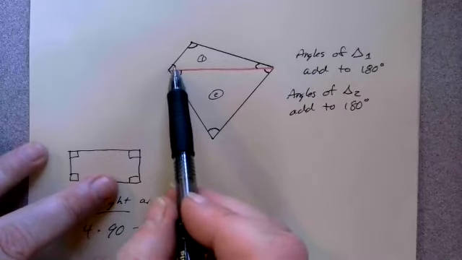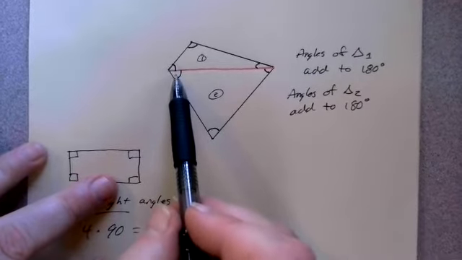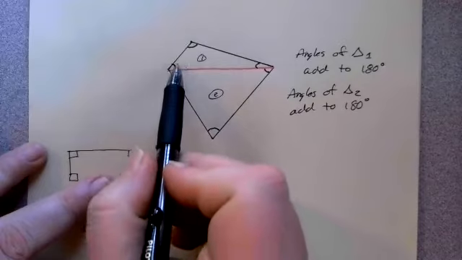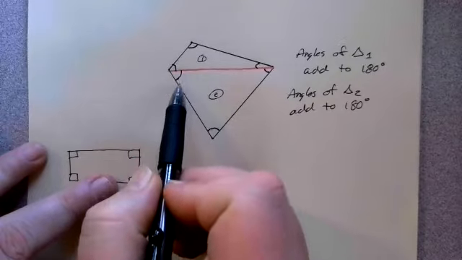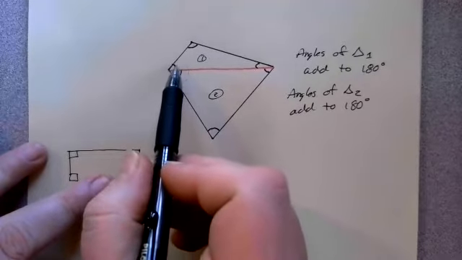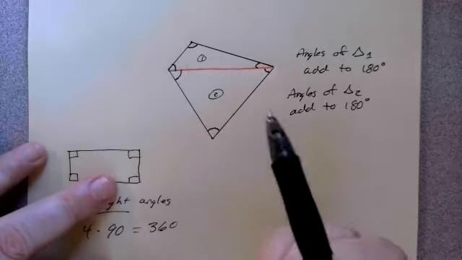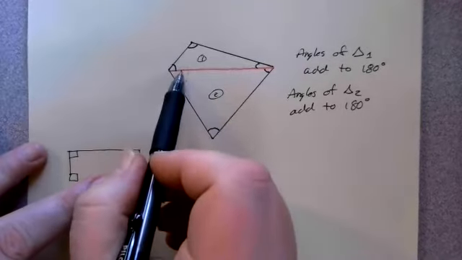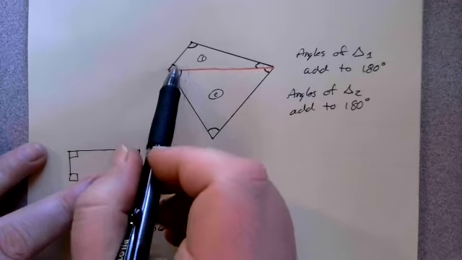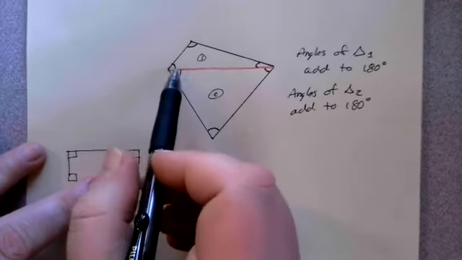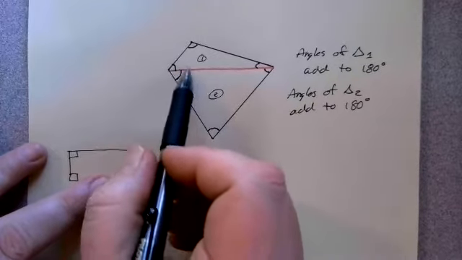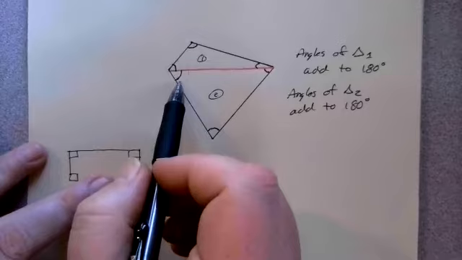This angle was split into two different angles. So could we argue that this big angle here is the sum of these two smaller angles? And that answer is yes. So this angle here plus this angle are going to give us the total for this one angle here.